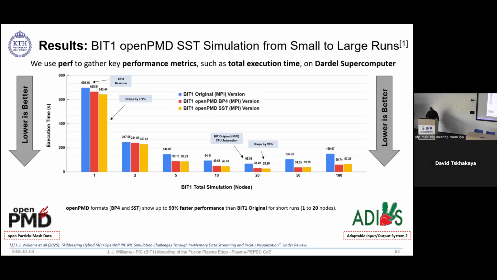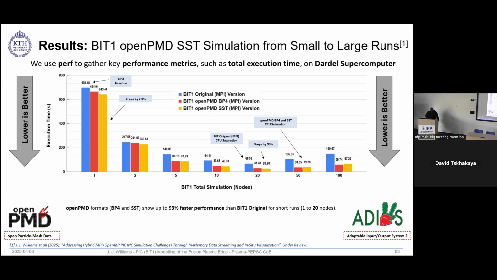But the BP4 and the SST says, no, I don't want to saturate. It still improves at some point, up to 50 nodes. Then the SST says, oh, something is happening. We need to do something, right? So that means right away I can use more machines, I can use more MPI, as David said in this case.